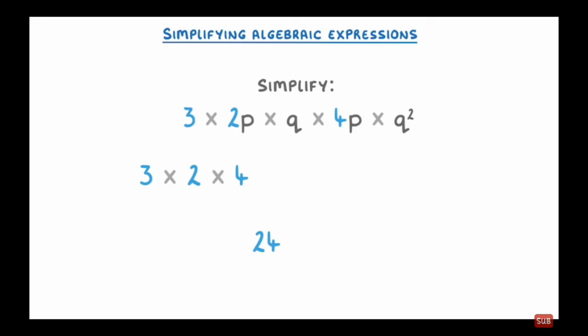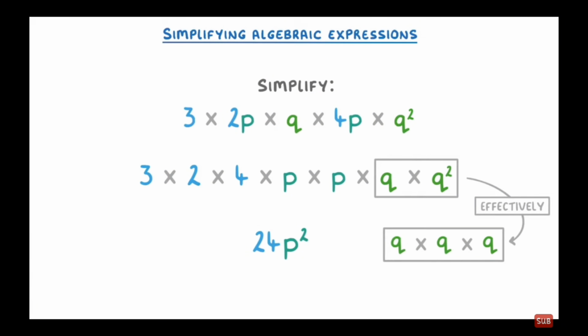Then moving on to the P's, we just have P times P, which is P squared. And finally for the Q's, we have Q times Q squared, which is effectively Q times Q times Q, or Q cubed. So overall, we've simplified that entire thing down to 24p squared q cubed.